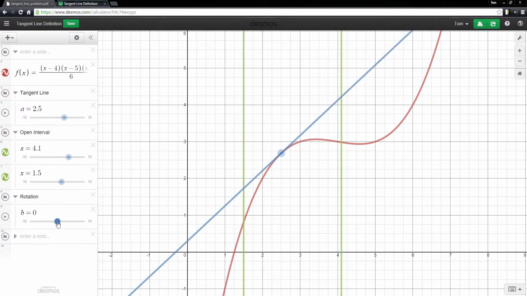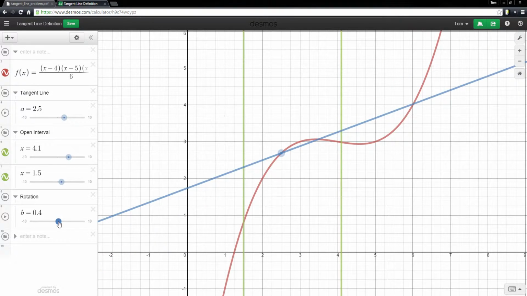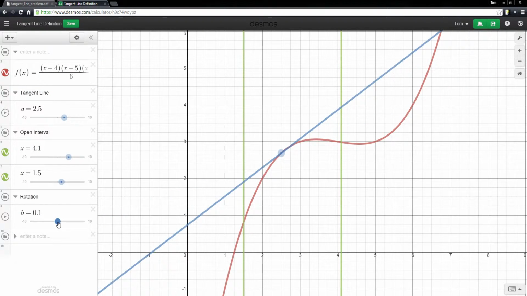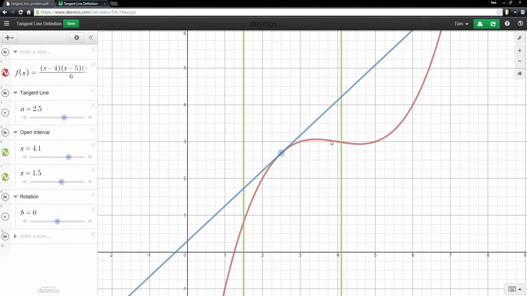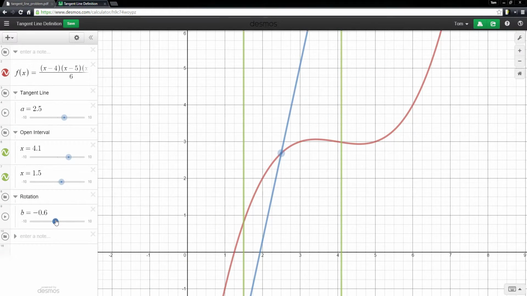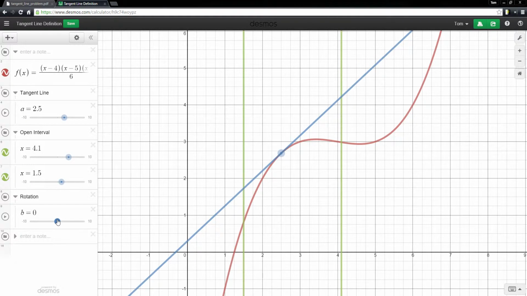If I rotate it any little bit at all from where it was, it's going to intersect the curve not only at the original intersection spot, but we're going to get another intersection point right here. And that doesn't really depend on the open interval at all. If I rotate this line at all in either direction, just a little bit, I'll wind up getting another intersection point in there. Okay?